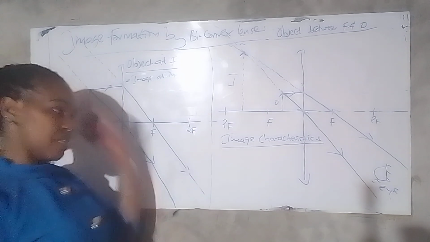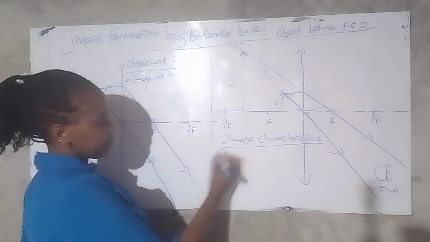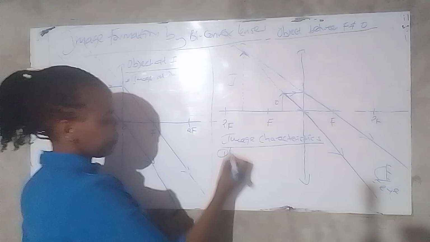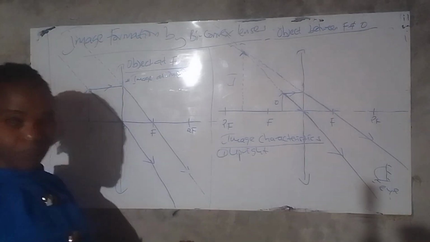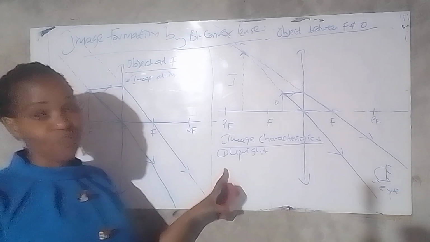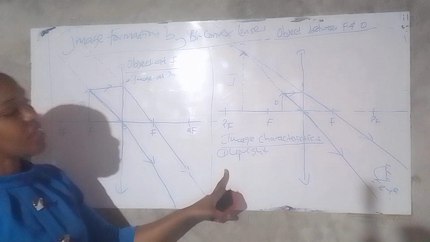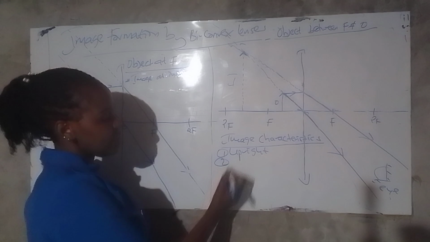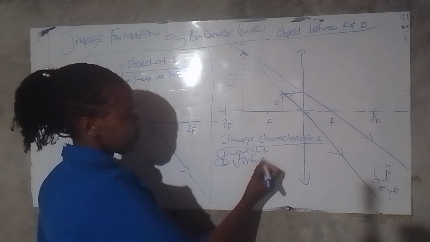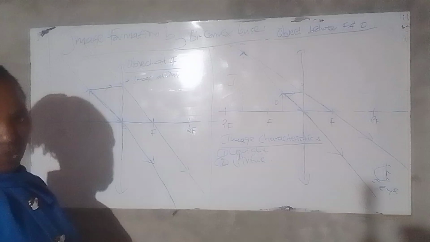The characteristics of that image: 1, it is upright. So that is the first upright image that we have formed using a convex lens. Okay, the others were true, so they were inverted. So 2, it is virtual.